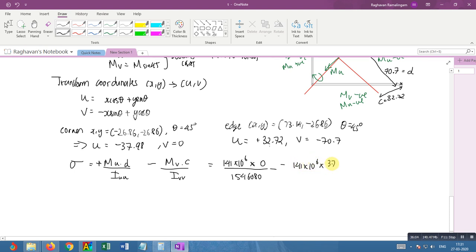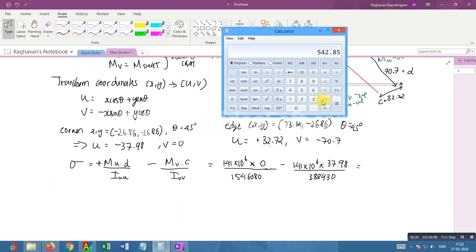C is 37.98 divided by Ivv, 388430. Evaluating this, just a second: 37.98 divided by 388430 into 141 gives 13.787.